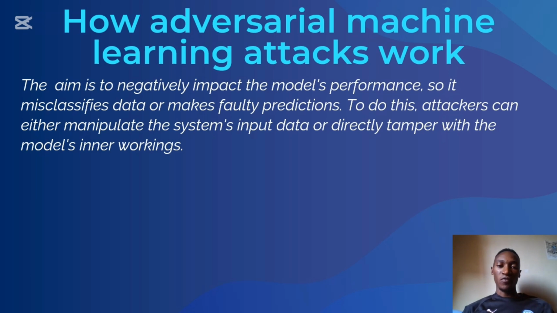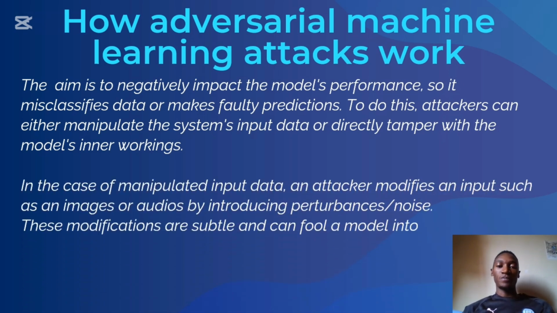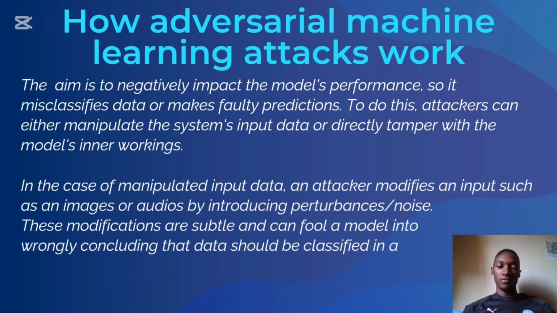On the side of manipulating input, the attackers can make slight changes to the input. For example, if it's an image, they can label it differently or add what we call noise, which can make the model misclassify the image.